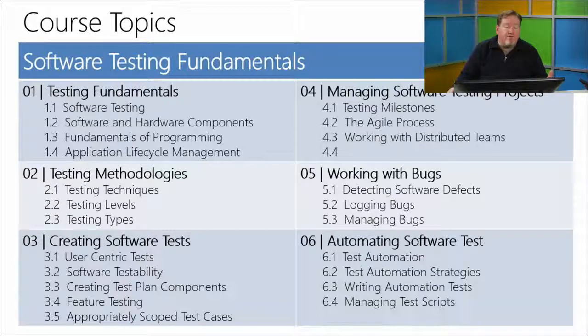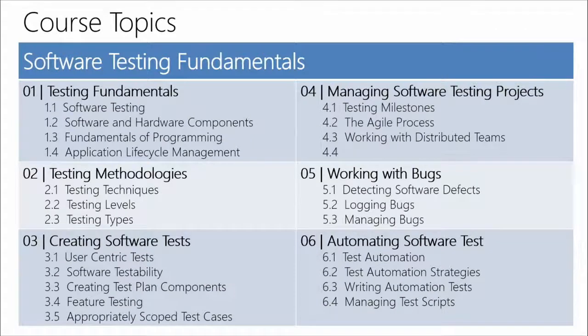So the Software Testing Fundamentals course is 6 modules. First, we'll go into testing fundamentals, where we'll talk about some of the basics relative to software and hardware, fundamentals of programming, software testing, and then introduce application lifecycle management to you. After that, we'll move into testing methodologies, where we'll talk about testing techniques, different testing levels and testing types.